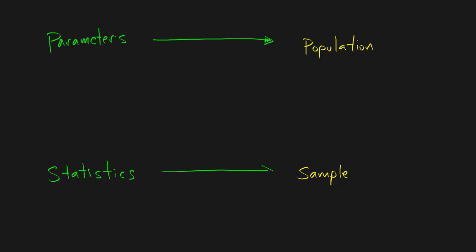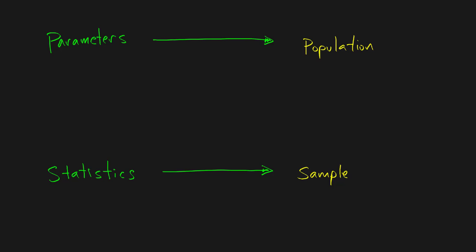What we're doing in this video is we're looking at two closely related terms. Those are parameter and statistic, or we could call them parameters and statistics. And what these do is they each describe their corresponding group.